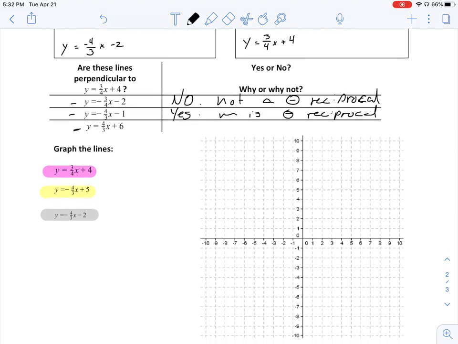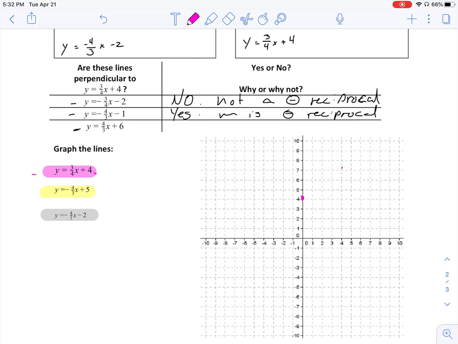So if I go ahead and graph these lines now, my first one I'm going to graph, y equals 3 over 4x plus 4. The y-intercept is positive 4. The slope of this line is positive 3 over 4. So I go up 3 and then to the right 4. So up 3, 1, 2, 3, over 4, 1, 2, 3, 4.